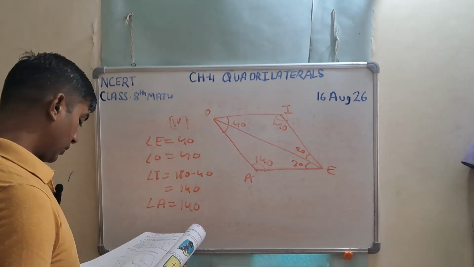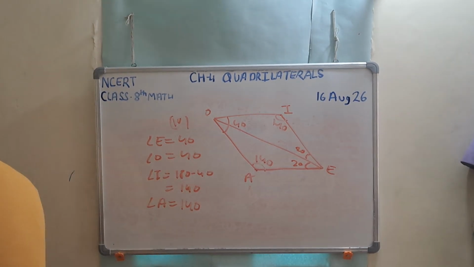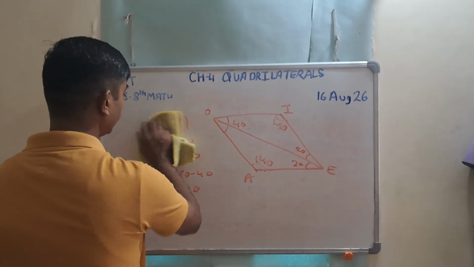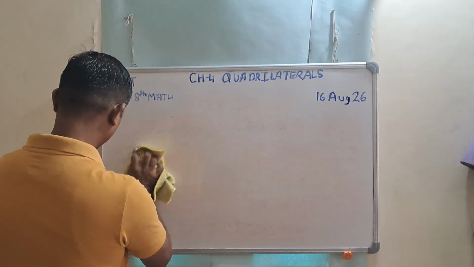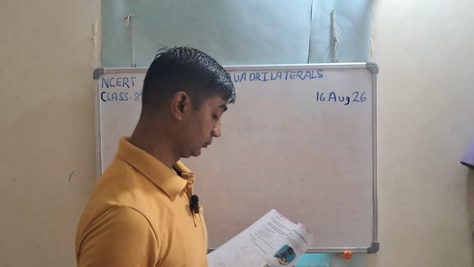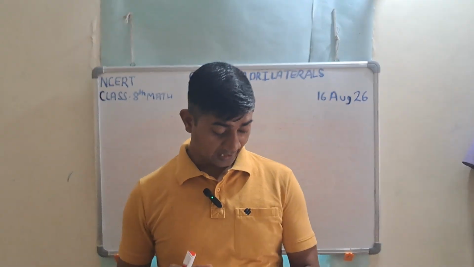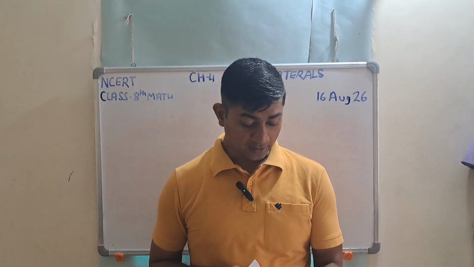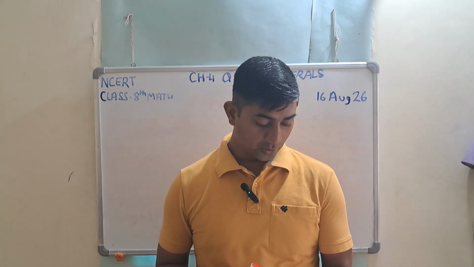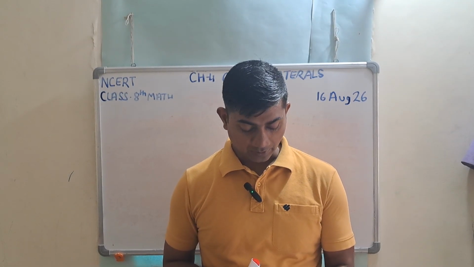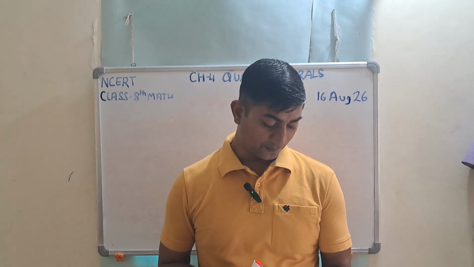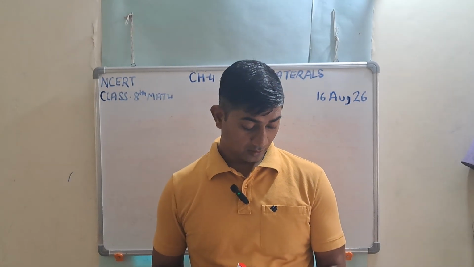Now, question number 2, let's see what they are saying. Question number 2 says: using the diagonal property, construct a parallelogram whose diagonals are 7 centimeter and 5 centimeter and intersect at an angle of 40 degree, 140 degree.